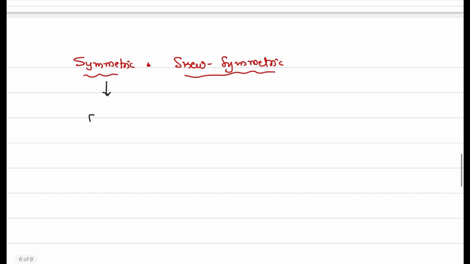Now, 1, 2, 3, 4, 5, 9. This is the principal diagonal.